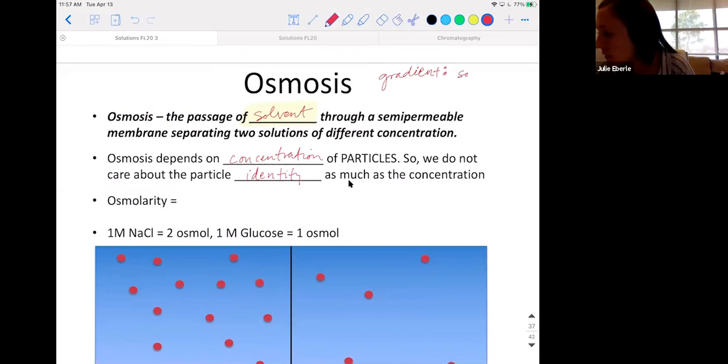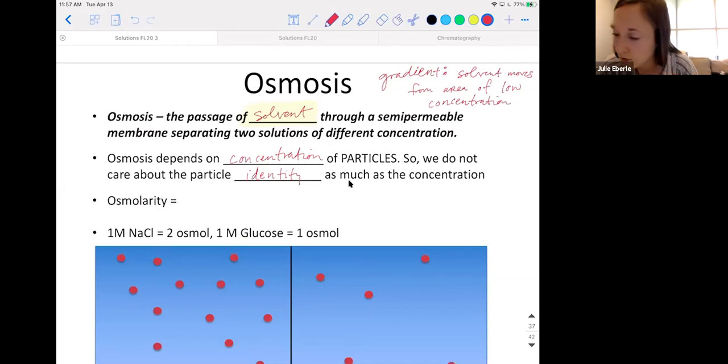Solvent moves from an area of low concentration of particles to high concentration.